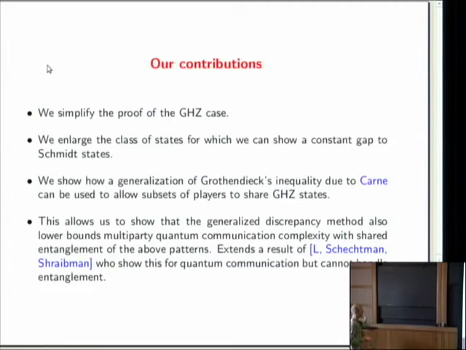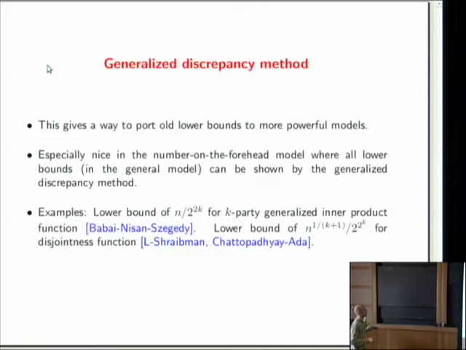Okay? Previously it was known that this general discrepancy method could show a lower bound on quantum communication, but this was shown from the dual point of view, which I mentioned before, and this didn't seem to be able to handle the case of entanglement. So what's nice about this is that you're showing that old lower bounds hold in stronger models.